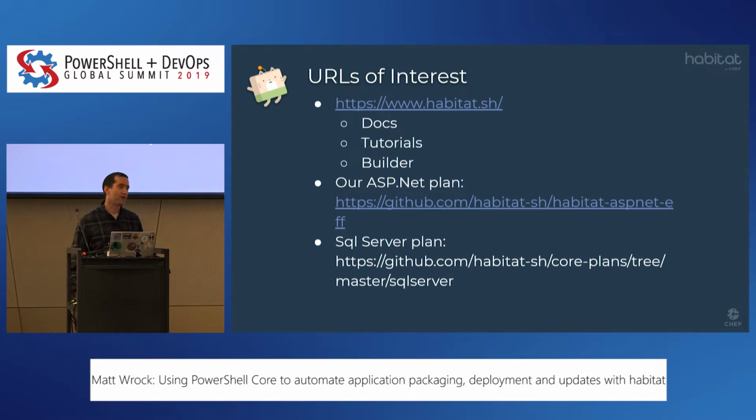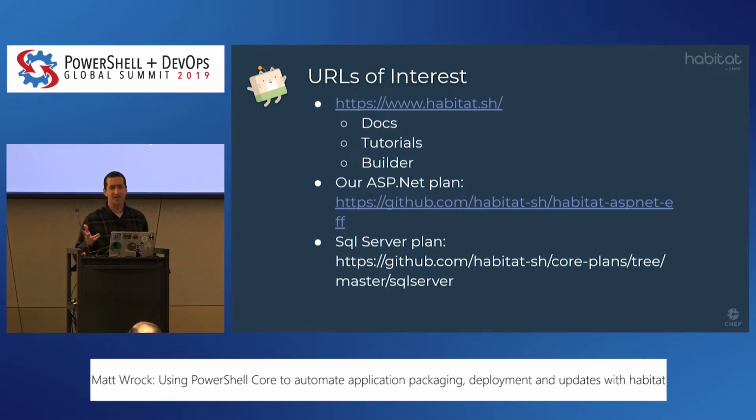We also have what we call our builder service, which is like an online hosted Habitat packaging build system that you can use, which now has Windows packages that you can do up there rather recently. The application that we're going to be automating here, the Habitat integration code that we'll be looking at, is on GitHub. So it'll be at this URL.